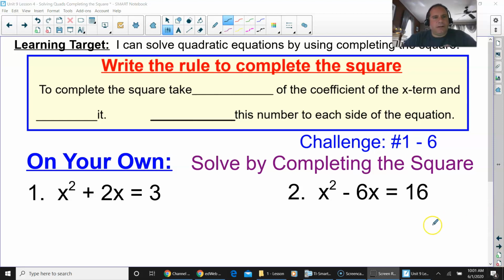So to complete, we're going to write a rule to complete the square. To complete the square, take half of the coefficient of the x term. That's the b, right? And square it.